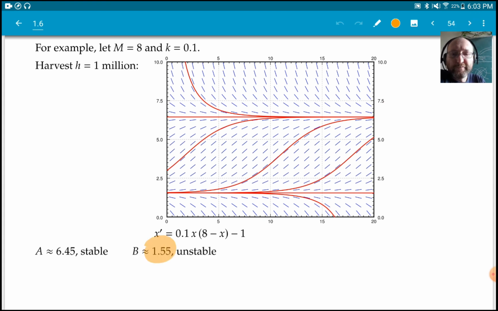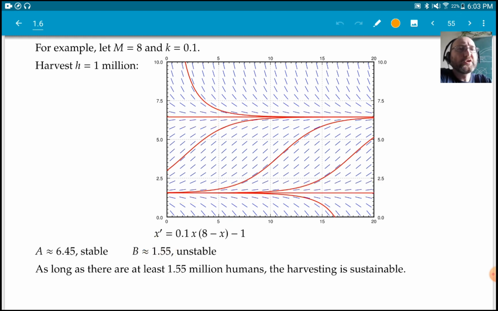It's 1.55, so 1.55 approximately million, right? That's the unstable lower critical point, right? So we have these two critical points. The A is the stable one, the B is the unstable one, right?